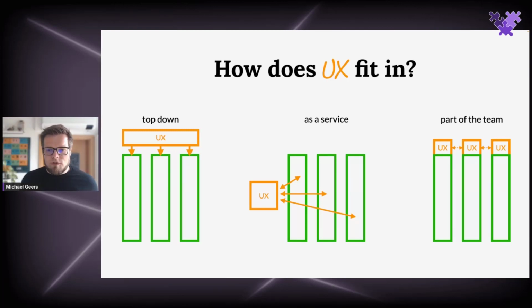The middle solution is having more of UX as a service. So having a UX department that you can go to as a team, or as two teams, for example, if you have a workflow spanning multiple teams, and collaborate with them. So seeing the UX people more as partners that you can pull in for help, for trade-off discussions, for example.